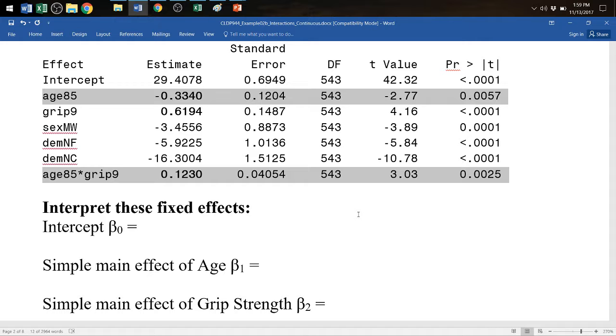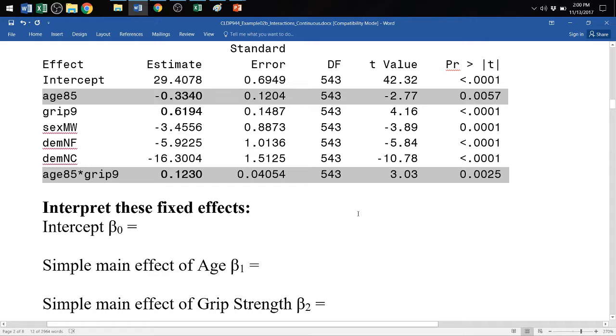The age slope becomes less negative as grip strength increases. Can someone give me a more GRE sounding word for less negative? The age slope diminishes. The age slope is mitigated. Can I say that one?